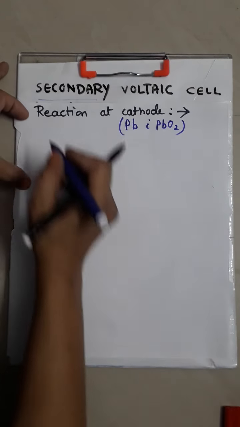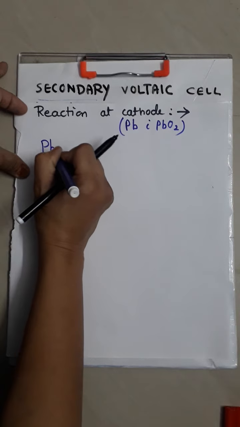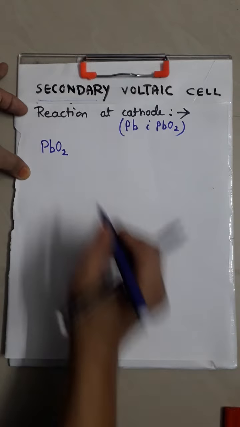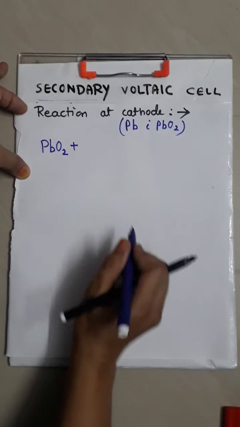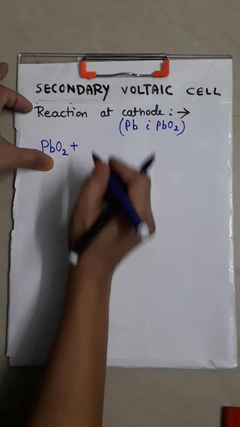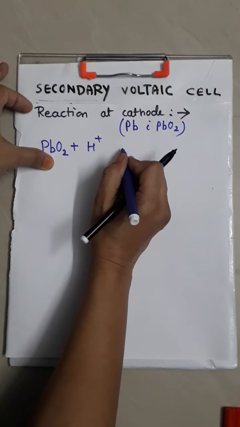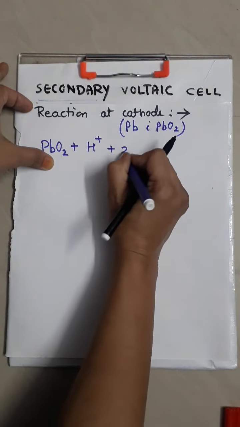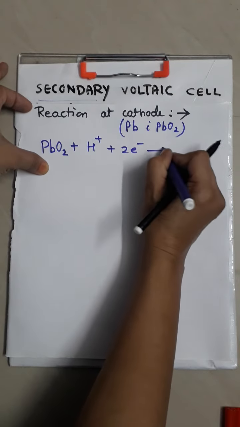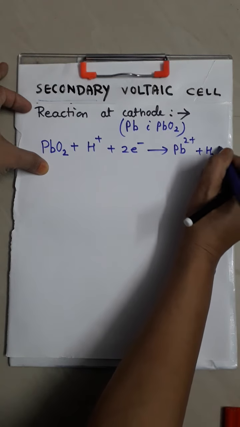PbO2, from the solution, which has H2SO4, in the presence of H+ ions gains the 2 electrons which were lost by the anode, and there is formation of Pb+2 plus H2O.